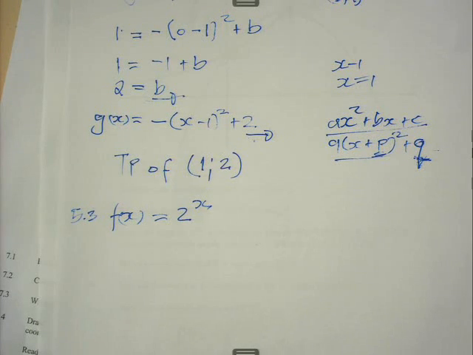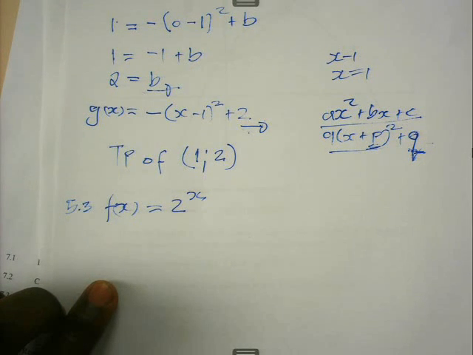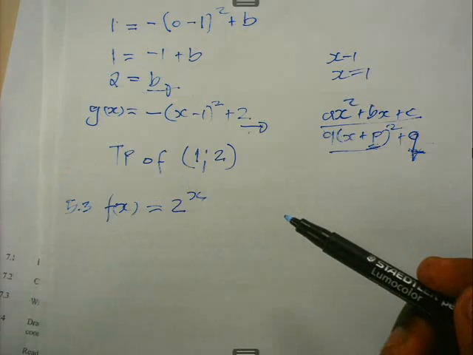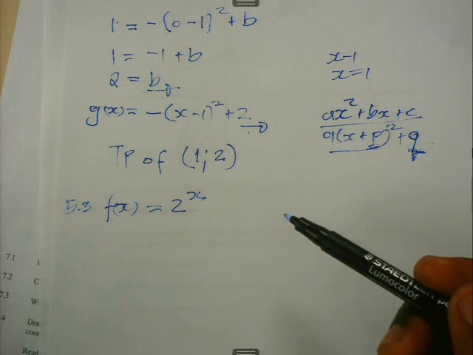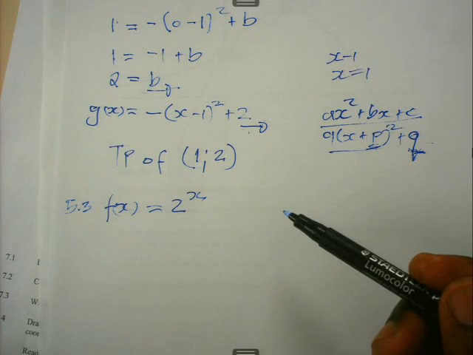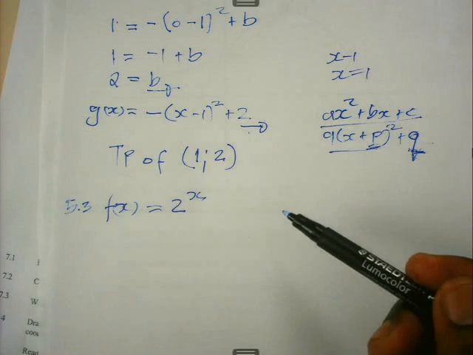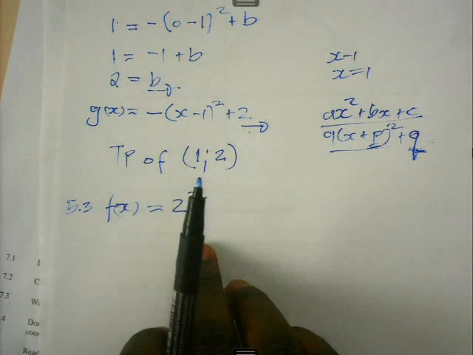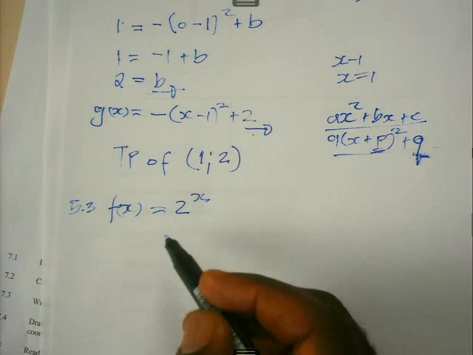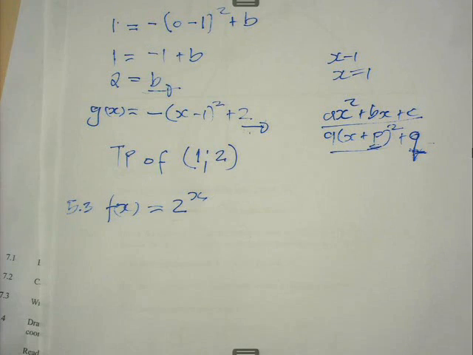So every time I teach this part, I normally say to my learners, if you struggle to determine the equation of the inverse of an exponential, it will always be easy if you recall that the base of an exponent will remain the base of a log, because the inverse of an exponent is actually a log. So now, if this 2 is the base of an exponent, this 2 will remain the base of a log.